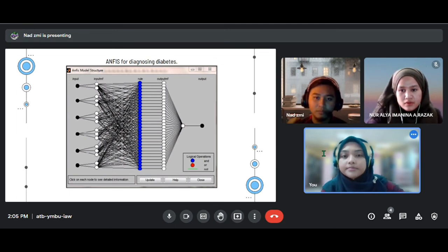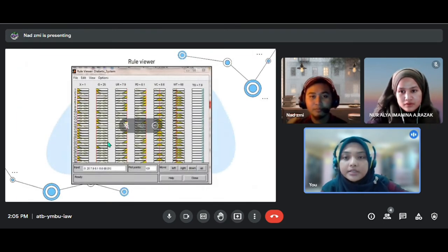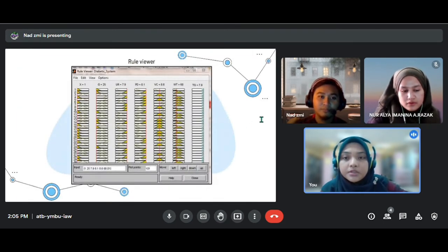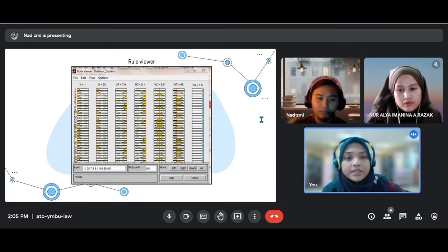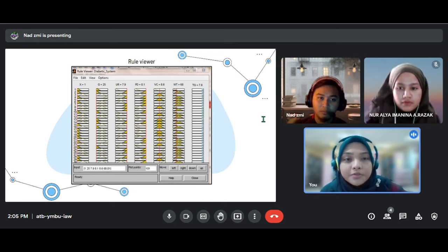Okay, next. This is a rule viewer. Figure 3 depicts a fuzzy logic control known as a rule viewer.